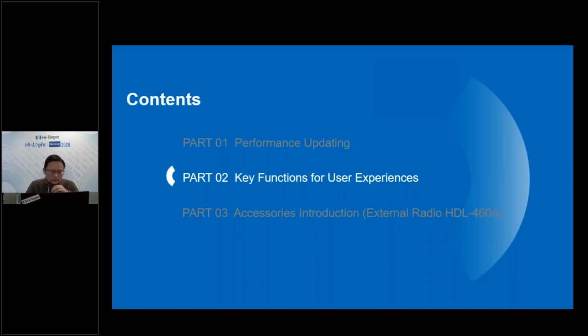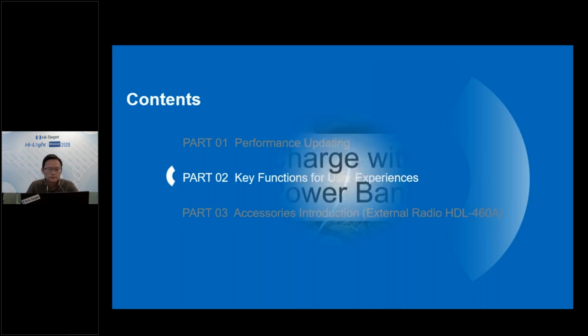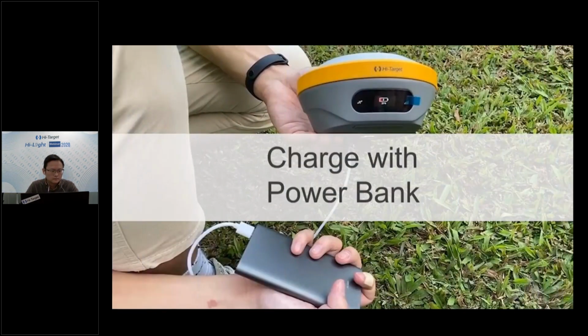So I've talked about the performance updates on the data and even the tilt survey. Now let's have a look at some key functions for end user experience. In this part, I would like to use a few videos to show you how they can help users in the field.